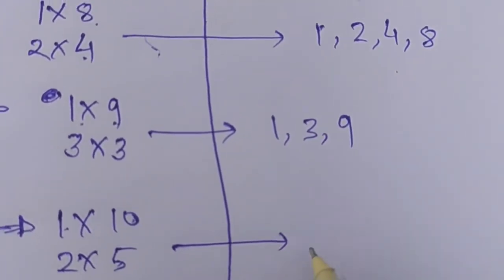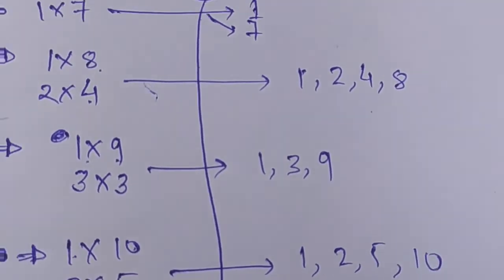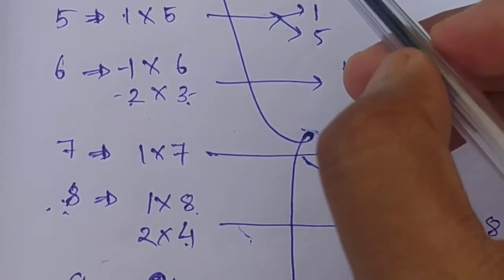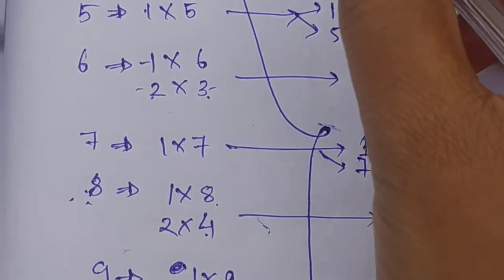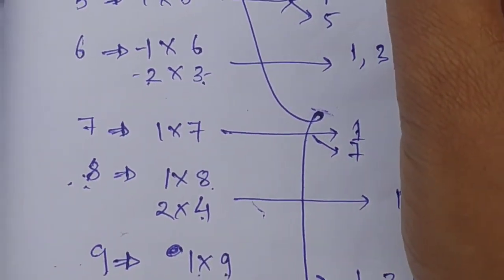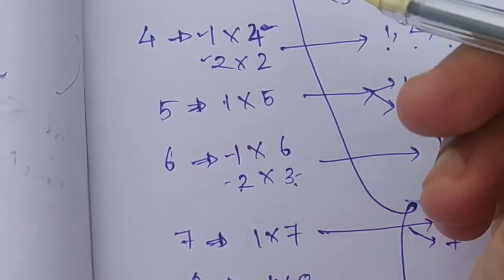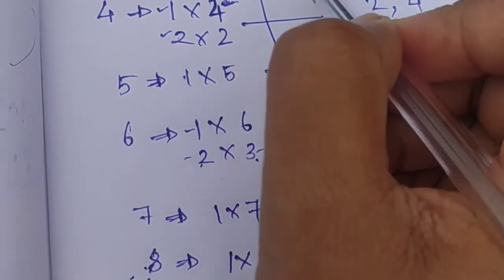For 10 we have 1, 2, 5 and 10. So if you look at all these, 2 has only 1 and itself, therefore 2 is a prime number. For 3, again 1 and itself, so 3 is also a prime number.